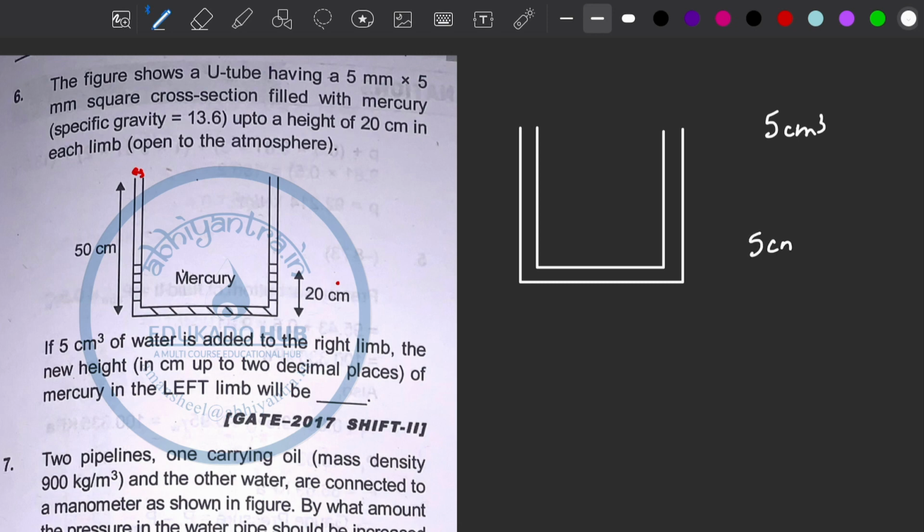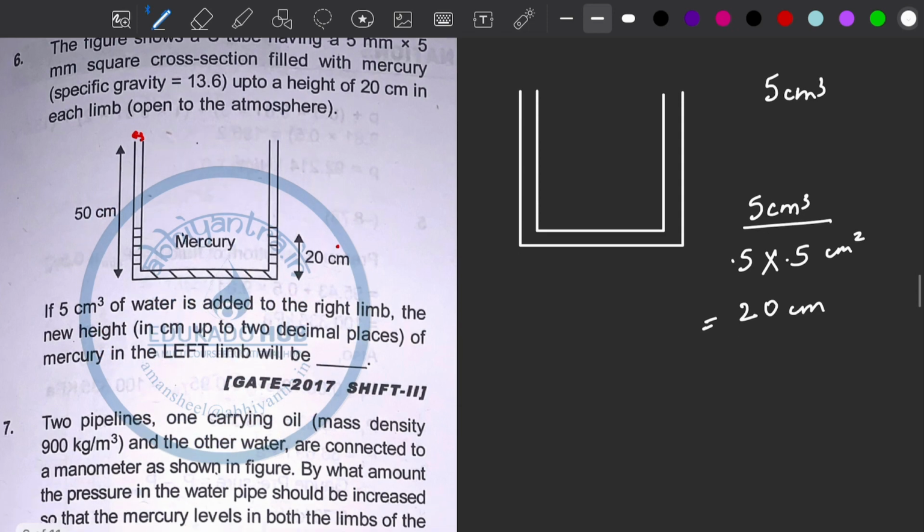So this 5 centimeter cube divided by the area of the tube, which is 5 mm cross 5 mm, right? Mm means 0.5 into 0.5 centimeter, and if we calculate it, the height comes out to be 20 centimeter.